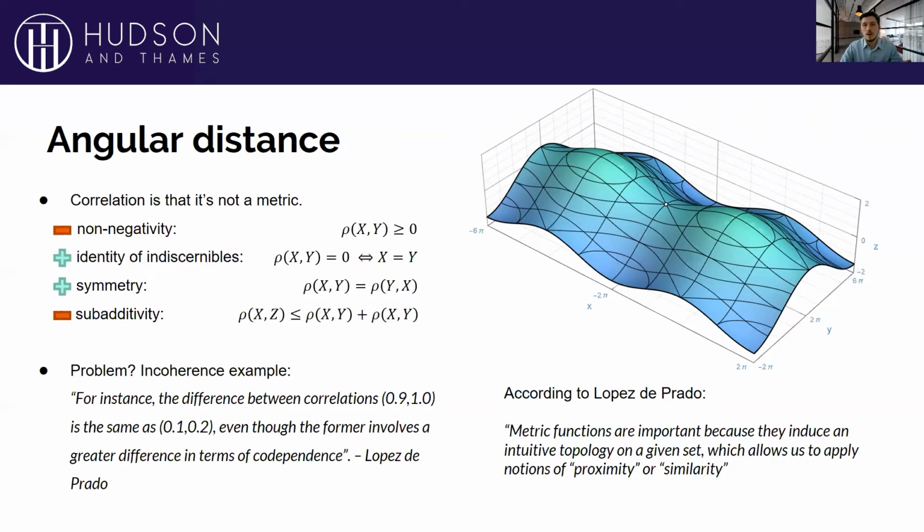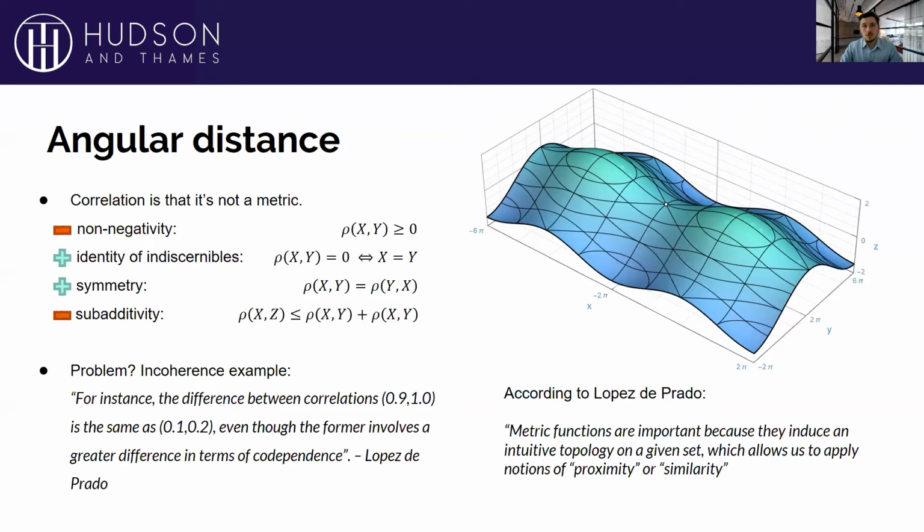Symmetry, so interchanging the order of elements in a function wouldn't change the value of the function. And the subadditivity, which is available on this slide right here. Unfortunately, the Pearson's correlation is not a metric, as it doesn't comply with the non-negativity and the subadditivity properties.